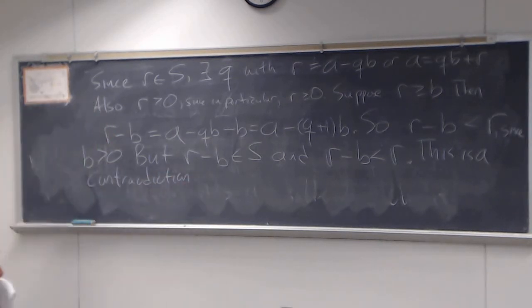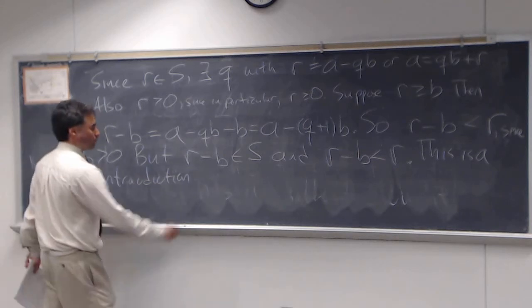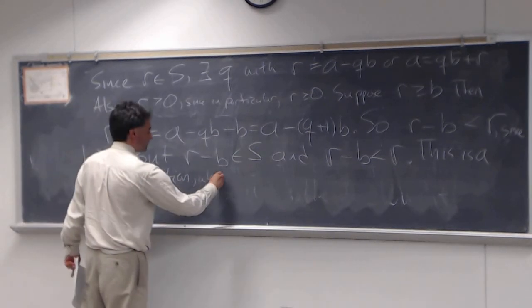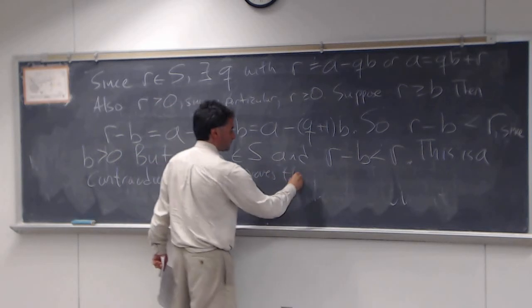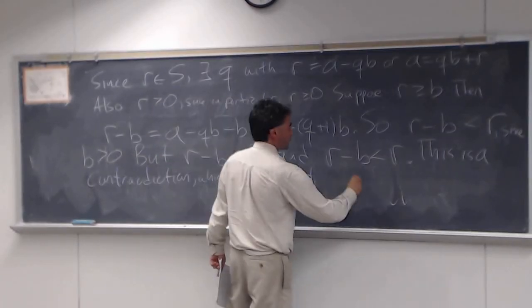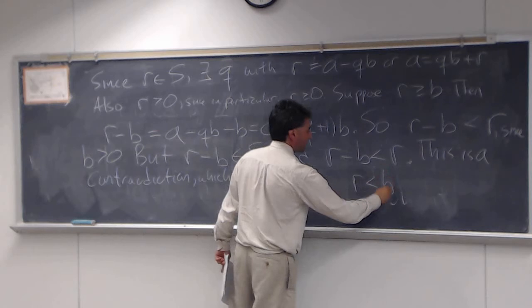So that's a contradiction. And then that proves that R has to be strictly greater than B.